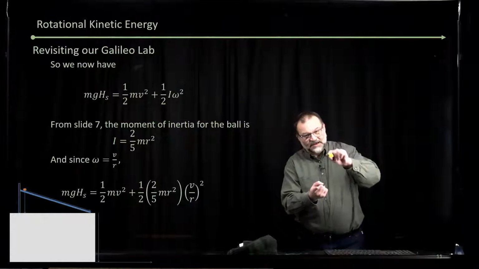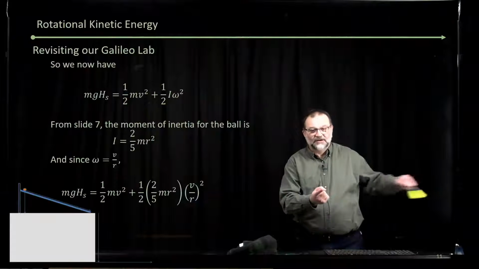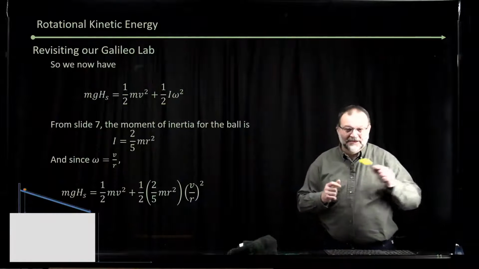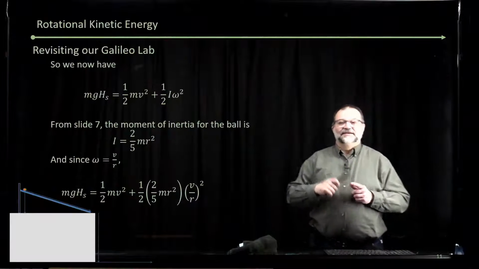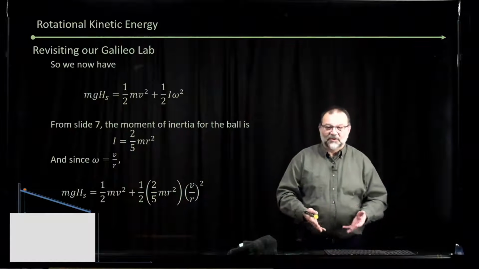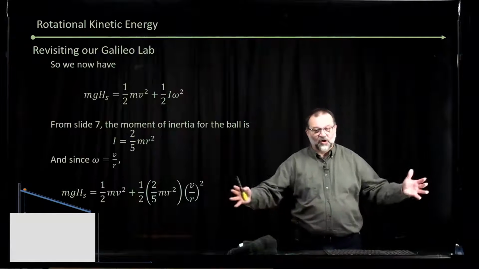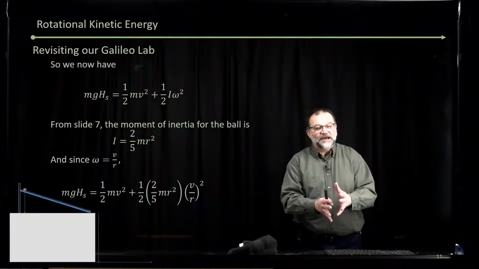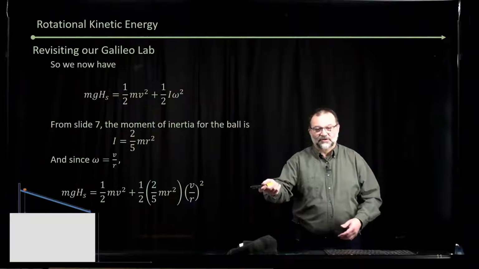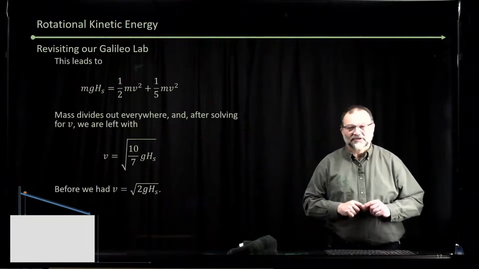So it rolls down and converts that potential energy into linear velocity and rotational velocity. The moment of inertia for the ball is 2/5 mr squared. Since omega is v over r, we can put it all together. mgh is this longer expression.